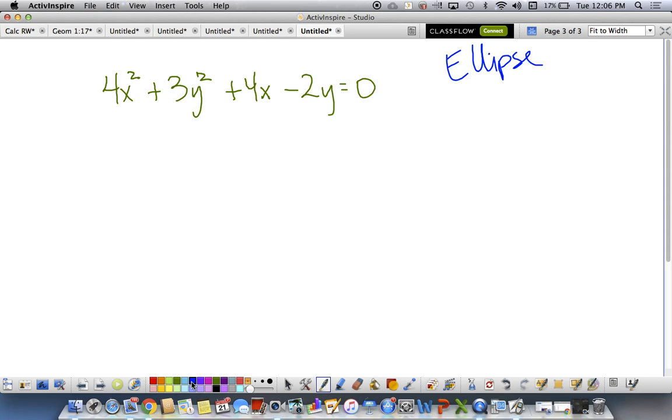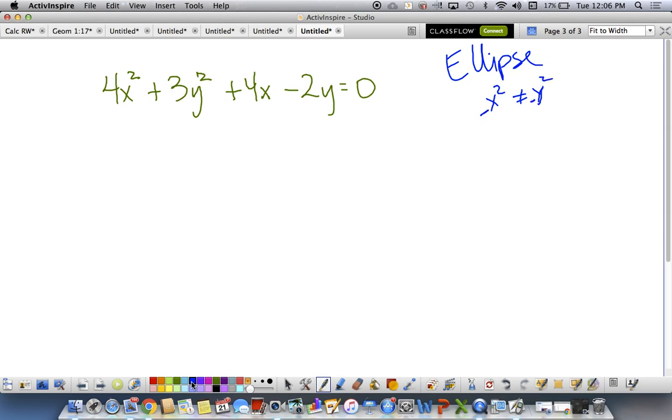Because it's ax squared plus by squared, and they don't equal the same things, but they're both the same sign. So your x squared coefficient does not equal the y squared coefficient.